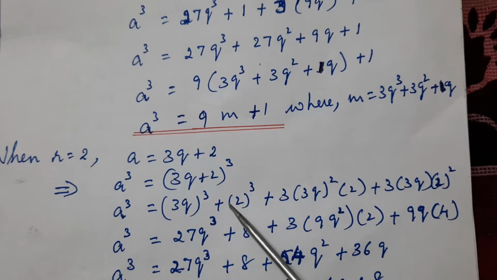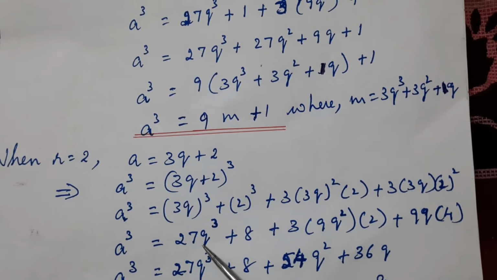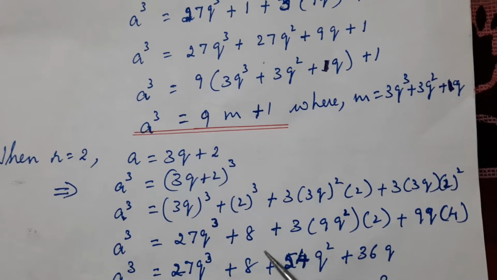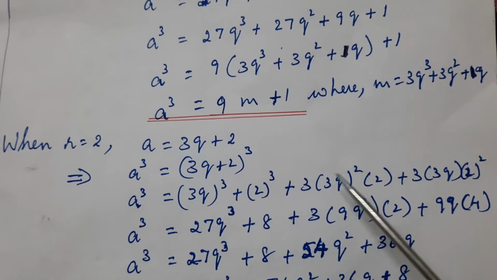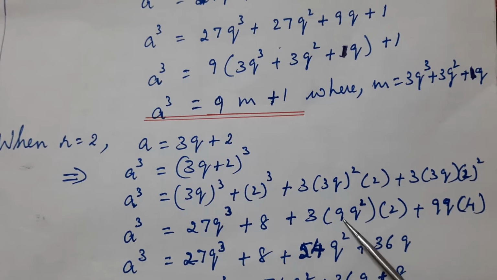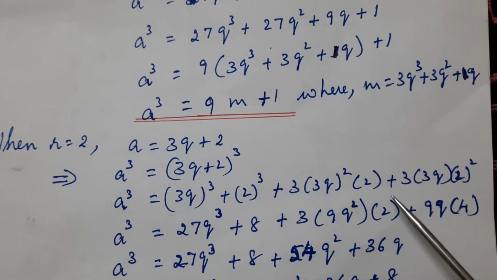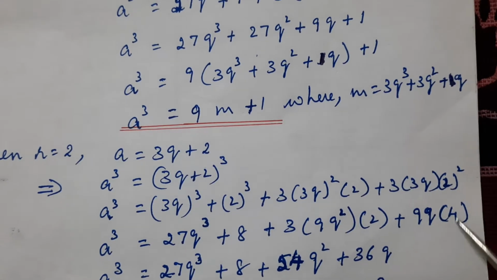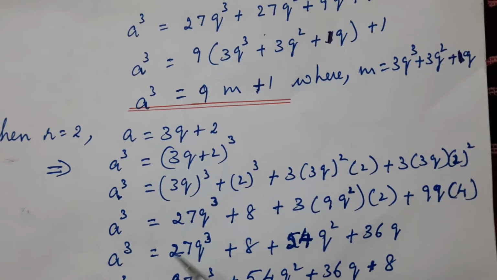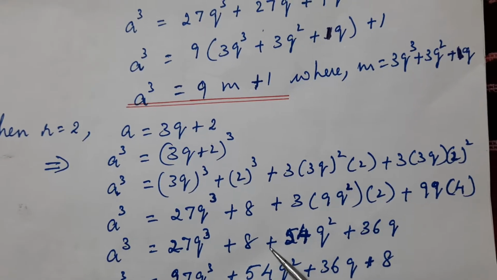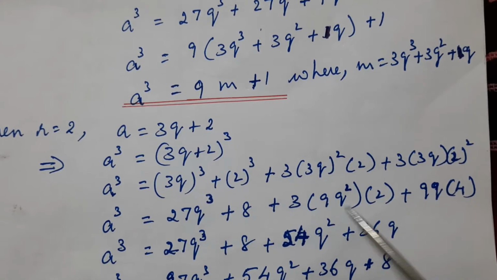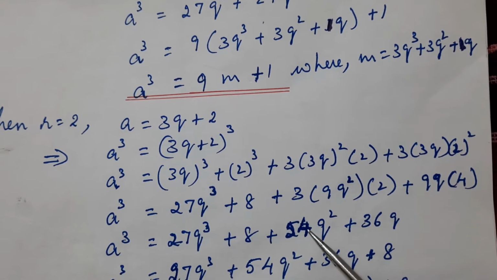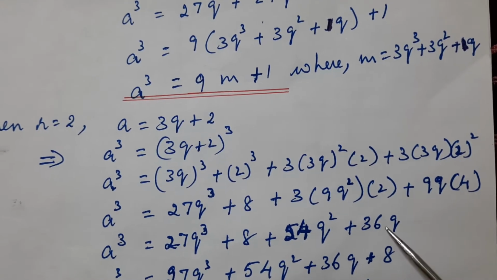Now what is (3q) cube? 27q cube plus 2 cube is 8, plus 3 into (3q) square is 9q square into 2, plus 3 threes are 9q, 2 square is 4. Now 27q cube plus 8 plus 3 into 9 into 2, that is 54q square, 9 fours are 36q.